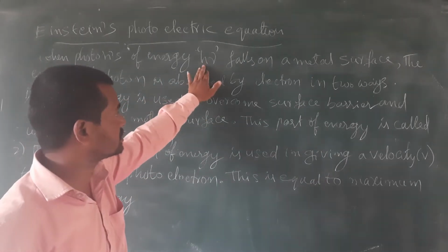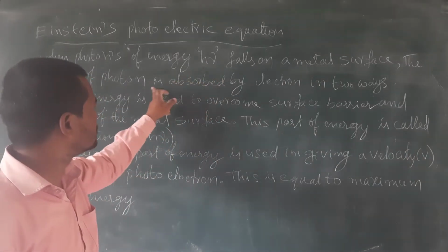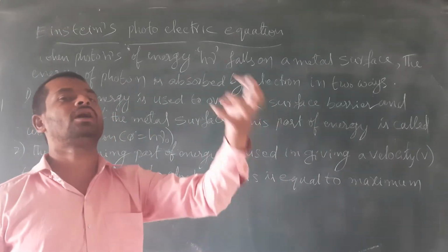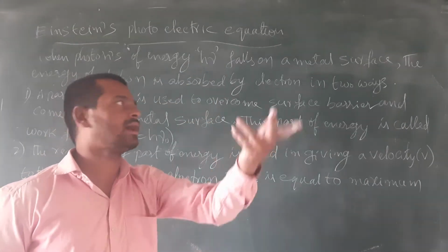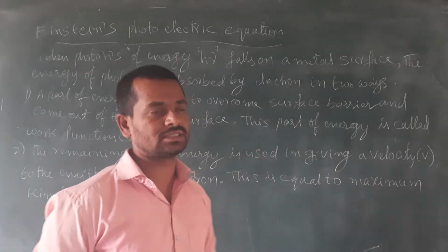This energy is absorbed by the electrons. So the electrons absorb the energy, and that absorbed energy is used in two ways, right?